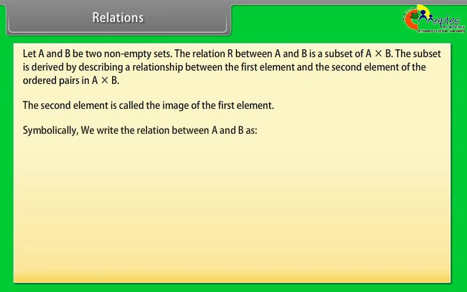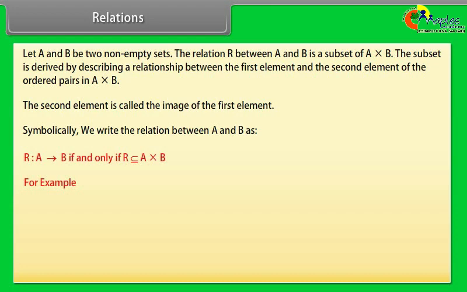Symbolically, a relation from set A to set B exists if and only if relation R is a subset of the Cartesian product of A and B.